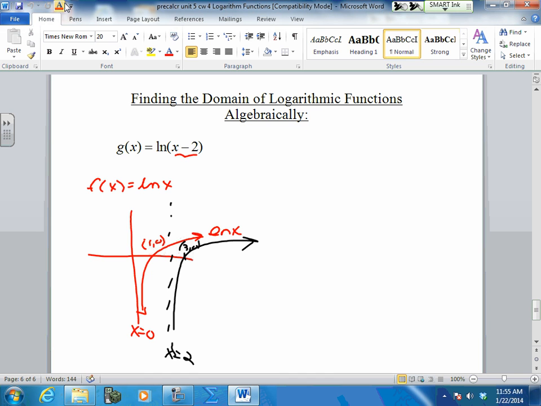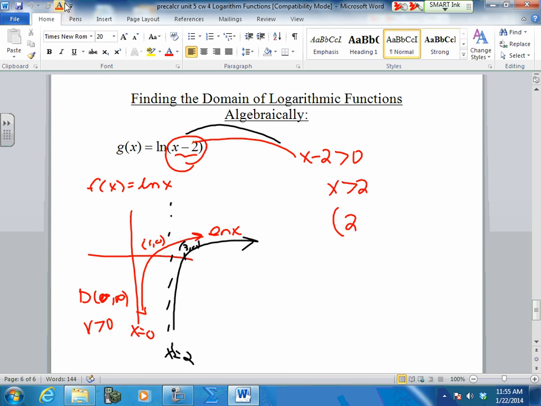Everything's shifted. Horizontally it's shifted. Now, we could do the same thing we did before. Your original domain for this red one said 0 to infinity. X has to be greater than 0. So you can take this out and say, make this greater than 0. So now, my new domain has to be 2 to infinity. And it has to stay a soft bracket because you can't use 2.